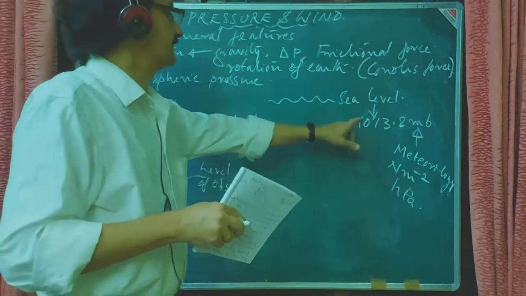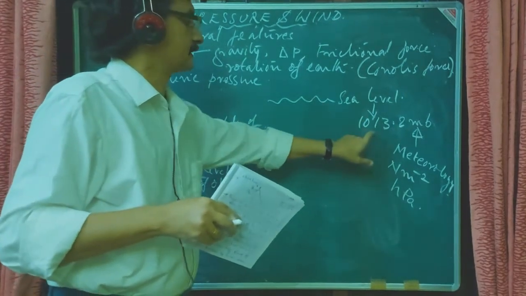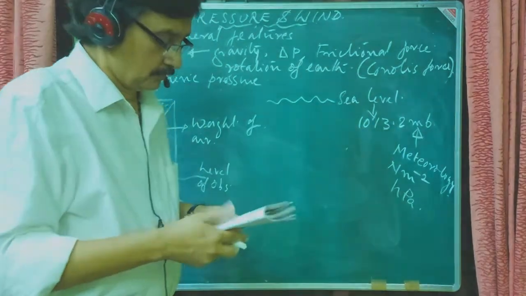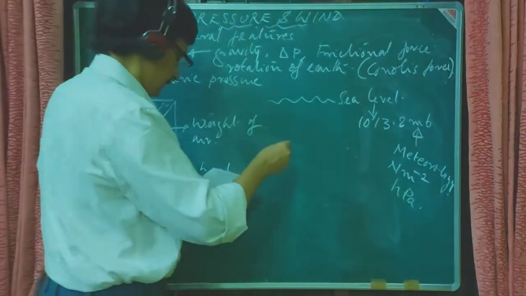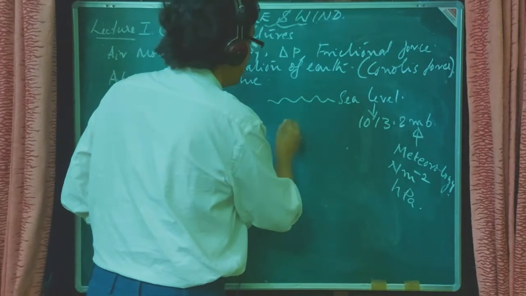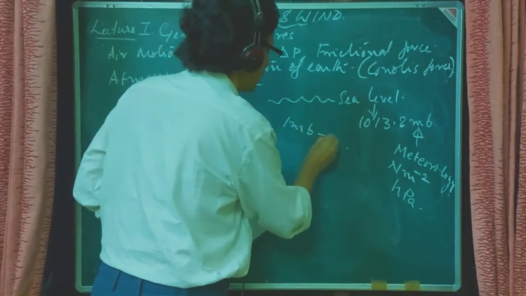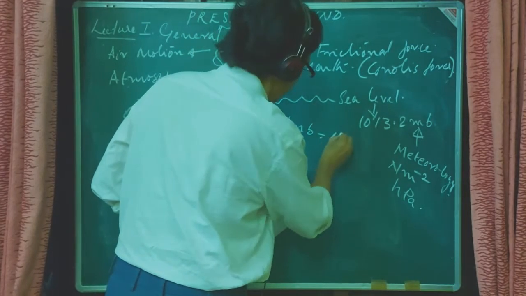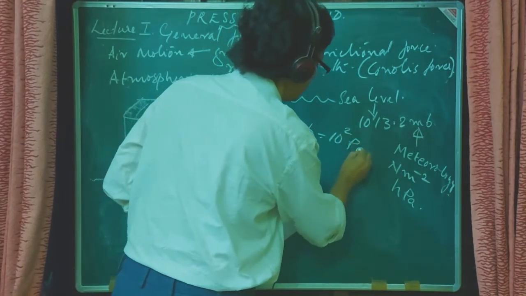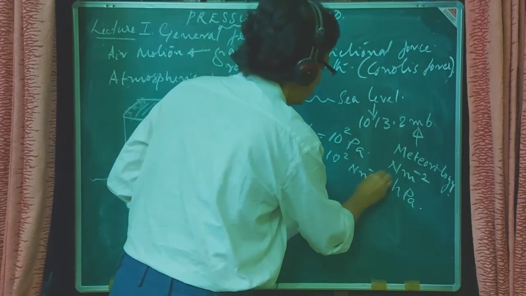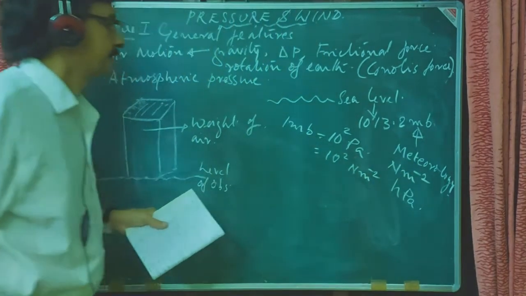So this will be the sea level pressure or mean sea level pressure. We will take it as 1013.2 millibar, and the relation between millibar and Pascal is 1 millibar equals 10 squared Pascal or 10 squared Newton per meter square. Clear?